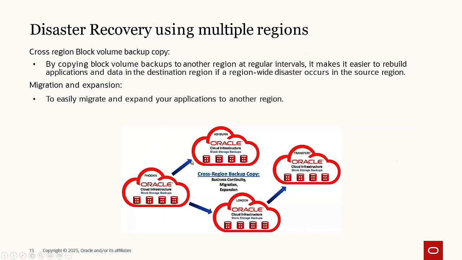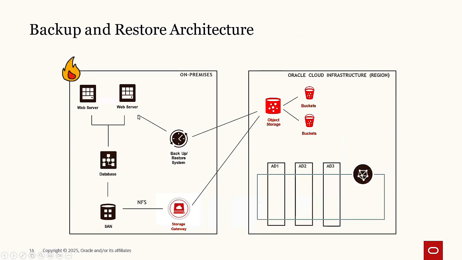So it doesn't matter where you want to put this in the world. Well, if you're moving from New York to Frankfurt and from Frankfurt to Australia, it's going to take a little longer, but we can work with you on that as well. So here's some of the architectures, right? We've talked about the basics of the underlying data centers.